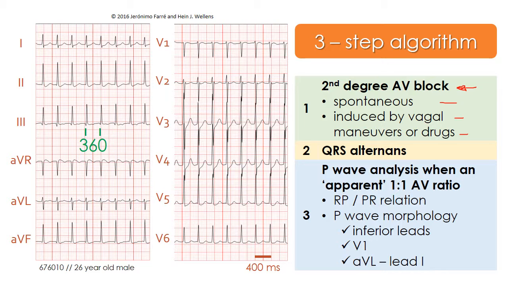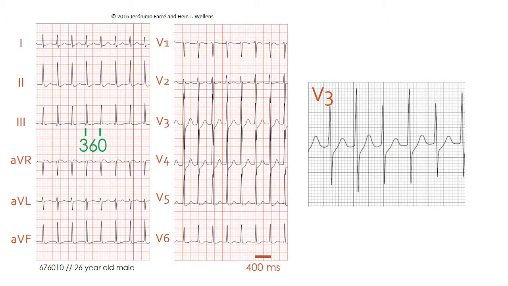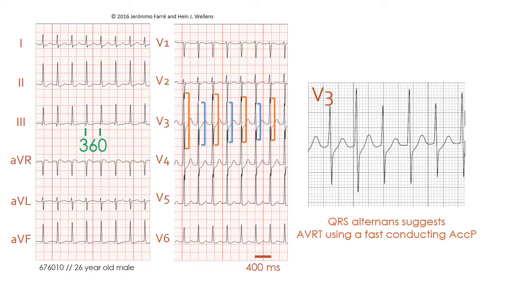to the second step, and then the question is to see if there is, in this case, QRS complex alternance during this tachycardia. In this 12-lead ECG, because of the superimposition of the QRS complexes in the precordial leads, it is difficult to appreciate the clear existence of QRS complex alternance in lead aVL.